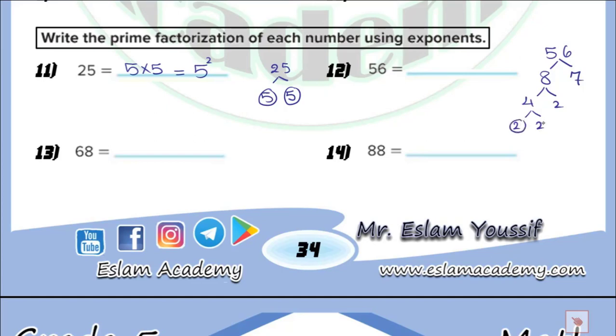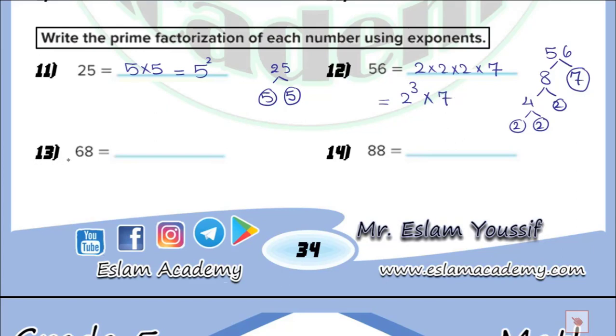Now 2 is a prime number, so we write 2 inside the circle. 7 is a prime number, so we write it inside the circle. So we can say that 56 equals 2 times 2 times 2 times 7. We repeat 2 three times, so it will be equal to 2 to the power 3 multiplied by 7.